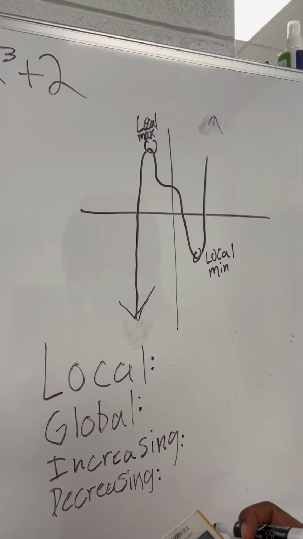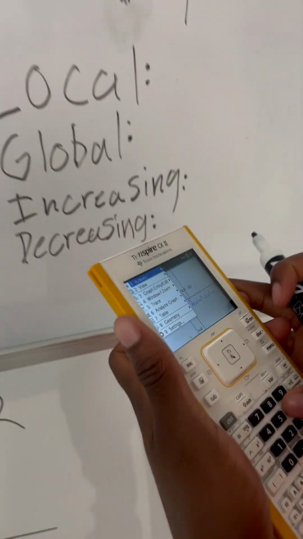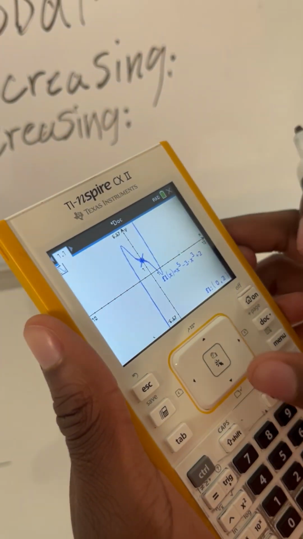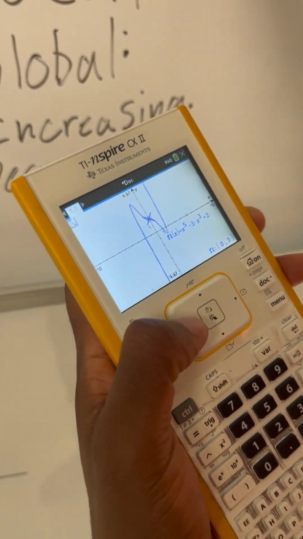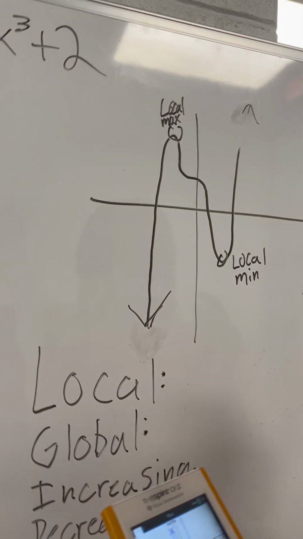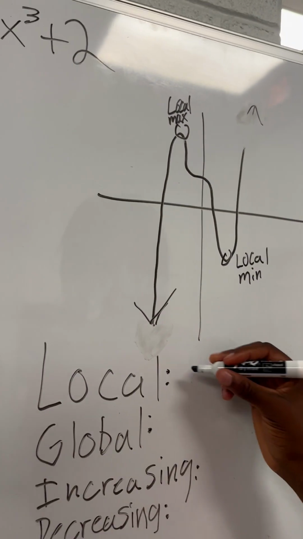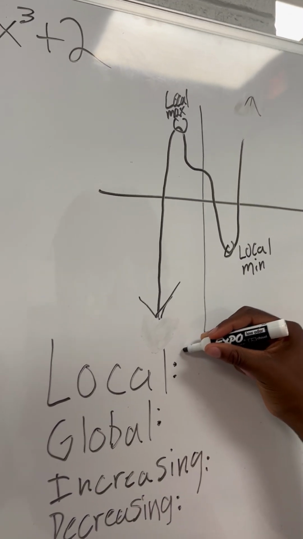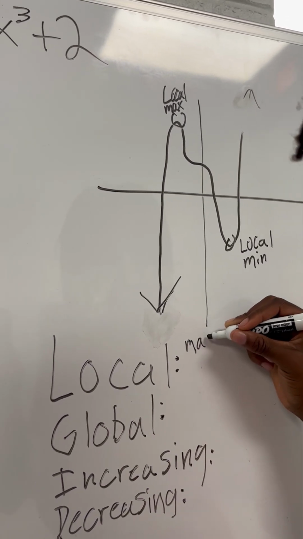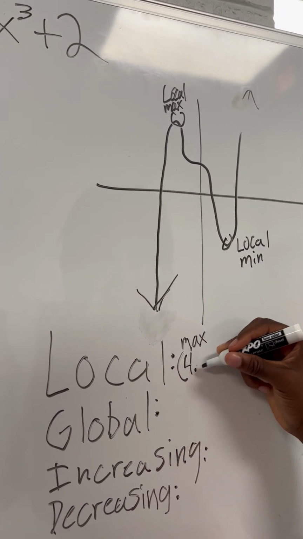Whenever you have your calculator, in order to trace it, we're going to go menu 5 1. Now we're going to come to the highest local point. You look at the y, not the x. So for the local maximum, it will be 4.9.